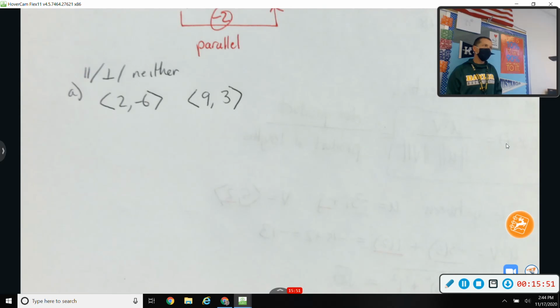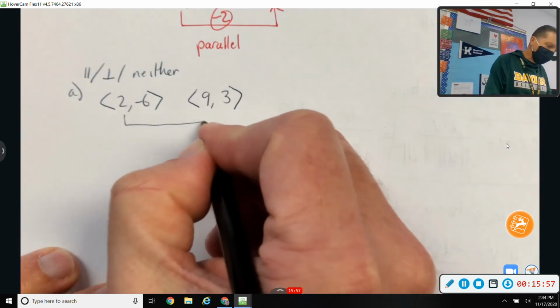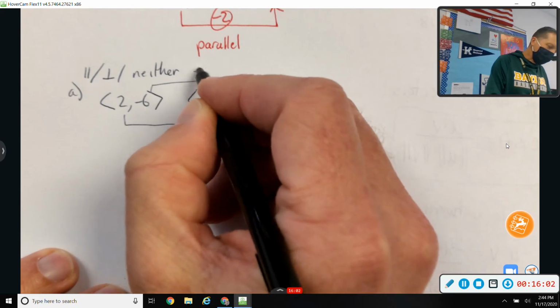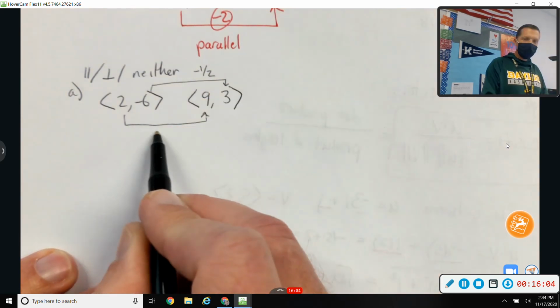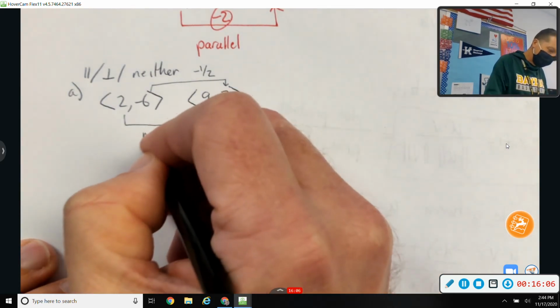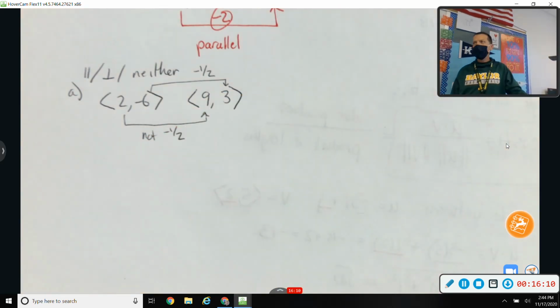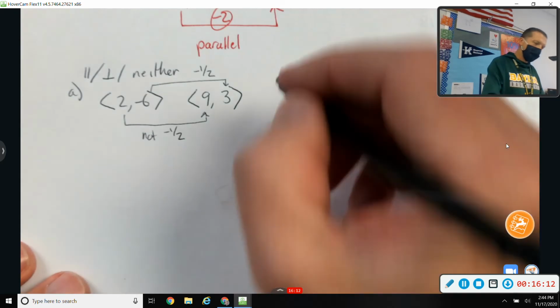Let's answer that one first. Why no? You're shaking your head no. Yeah, I'm not sure what this multiple is. Maybe that multiple would be -1/2. This multiple is definitely not -1/2. So it's not parallel.